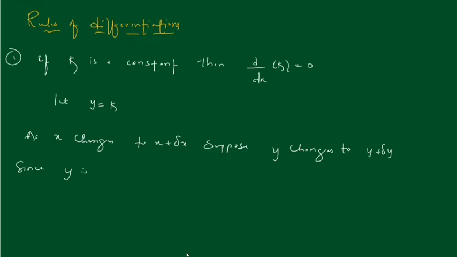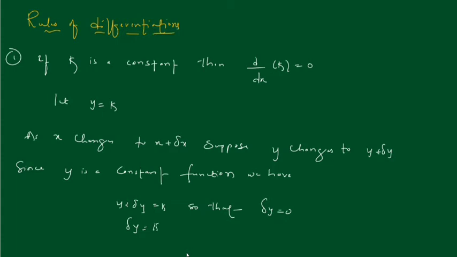Since y is a constant function, we have y plus delta y equal to k, so that delta y is equal to 0. Y equals k means k minus k. So delta y is equal to 0.